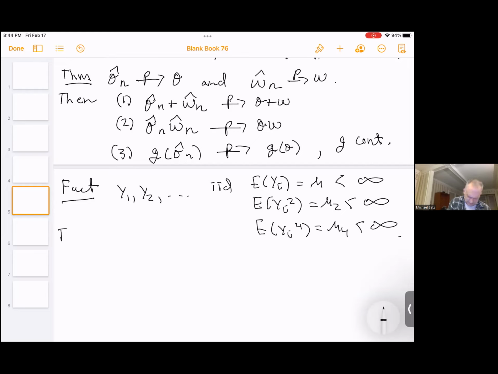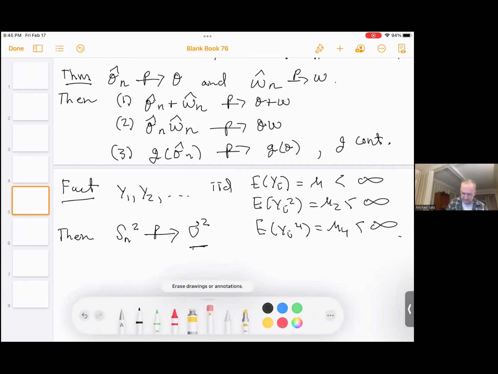Then Sn squared converges in probability to the variance. And the variance here you can write in terms of mu2 and mu, right? So this variance is just mu2 minus mu squared. So we know it's finite, it makes sense.